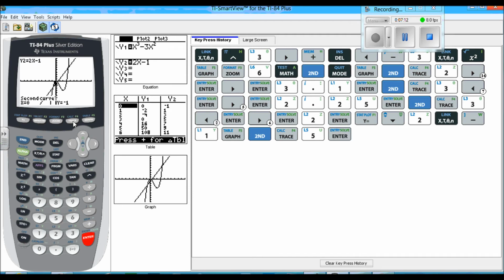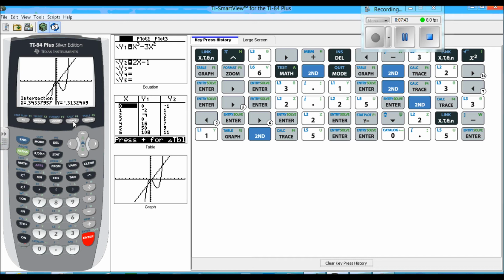Second curve, it's showing us our other curve, and it asks us to guess, and I'm going to guess 0.5, because it looks like that might be the correct thing. Hit enter, and it will tell me that the intersection is in fact this decimal number that I don't recognize. Maybe you do. I don't.